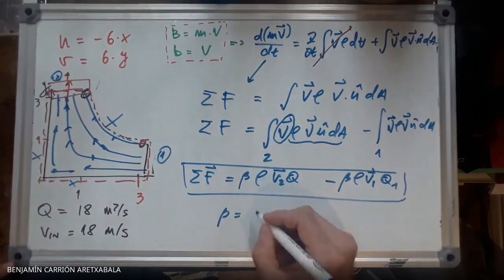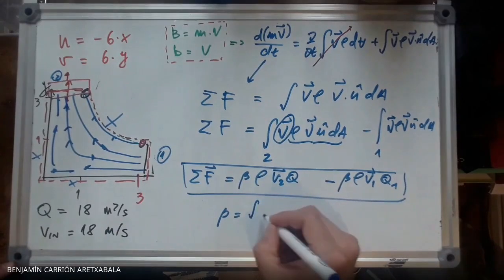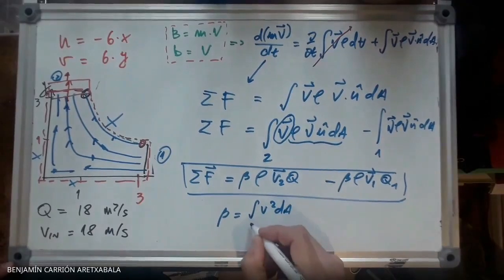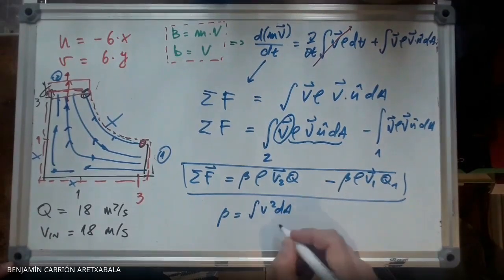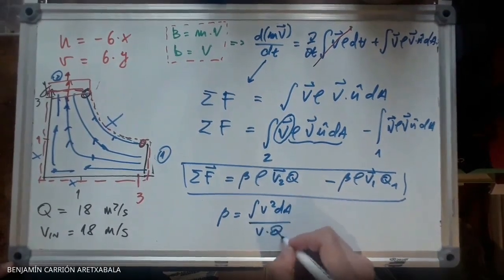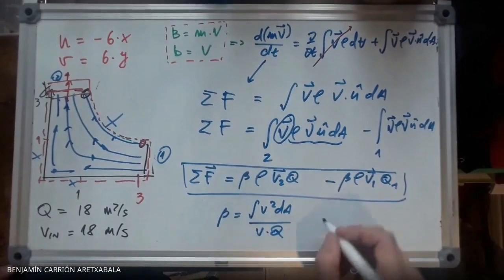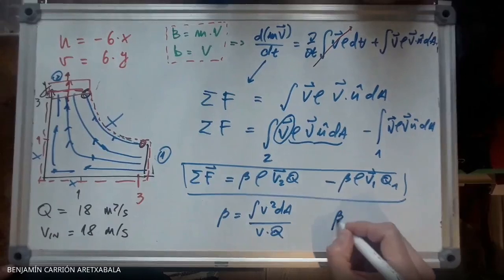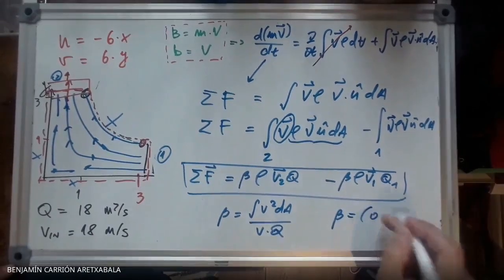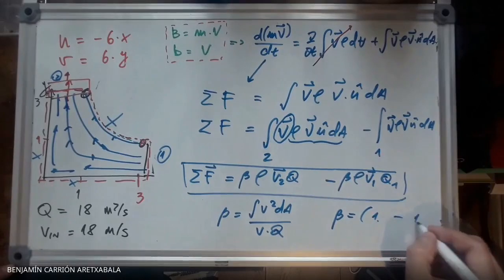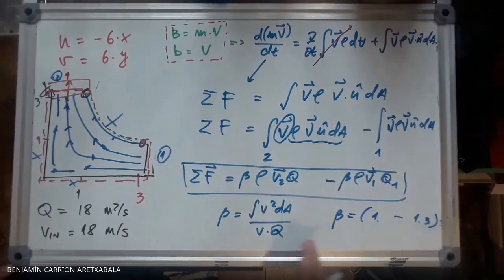So beta is the actual integral of V squared over the area divided by VQ. Okay, this is not very important, but beta is going to be in the range between 1 and, let's say, 1.3, depending on how far away from uniform your profile is.